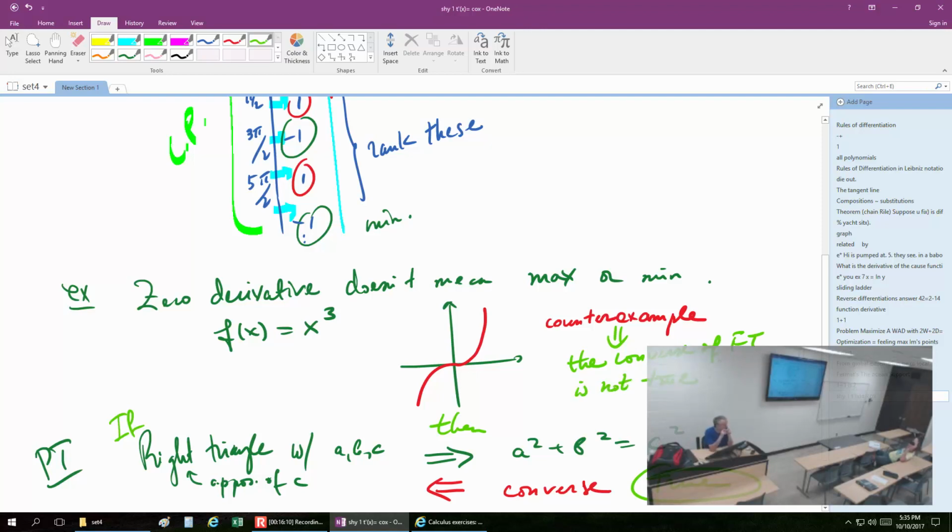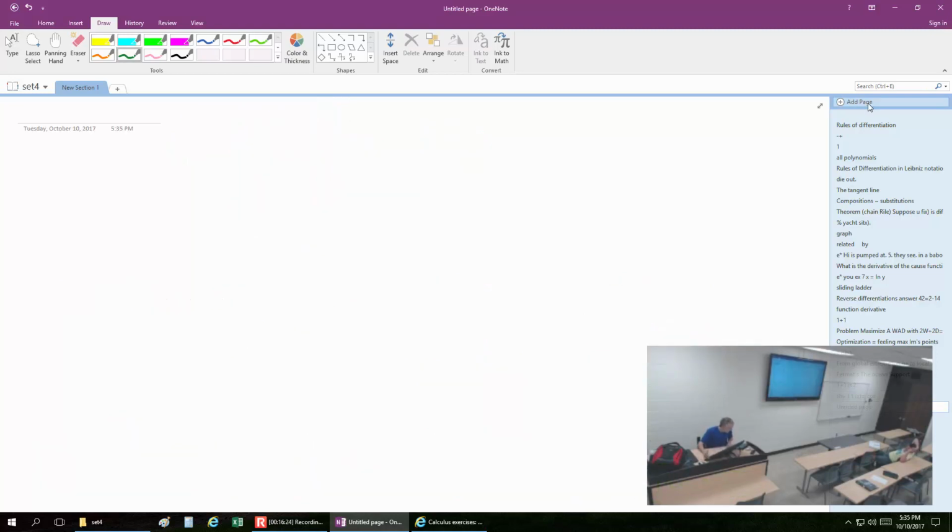So with one little example, a very simple function, probably one of the simplest, we have demonstrated that the converse is not true. Okay, so I want to do one more example of optimization, which requires more work than before.